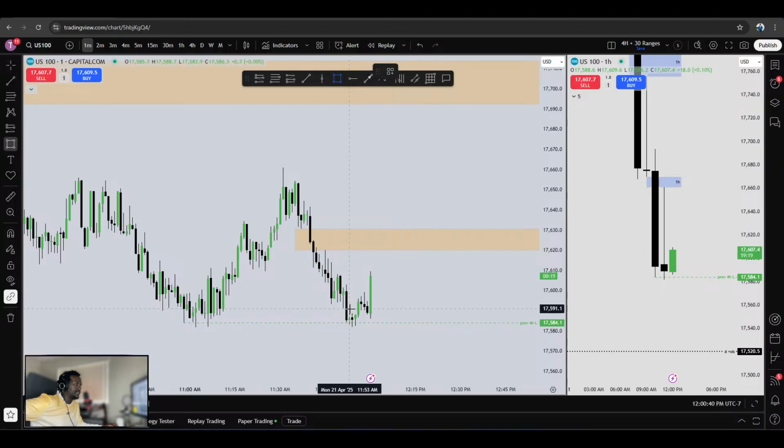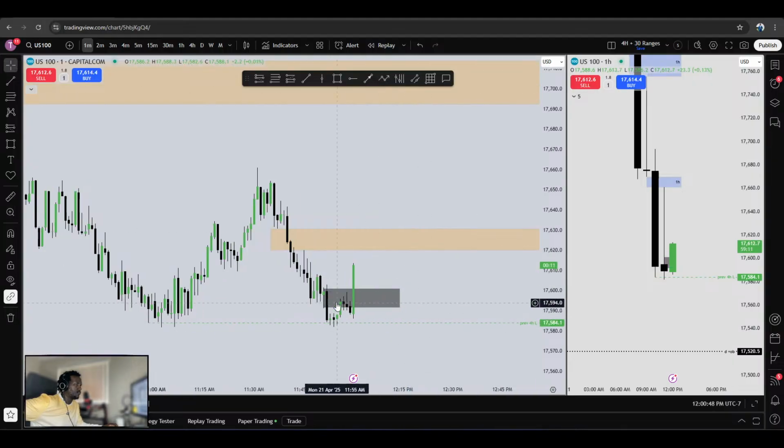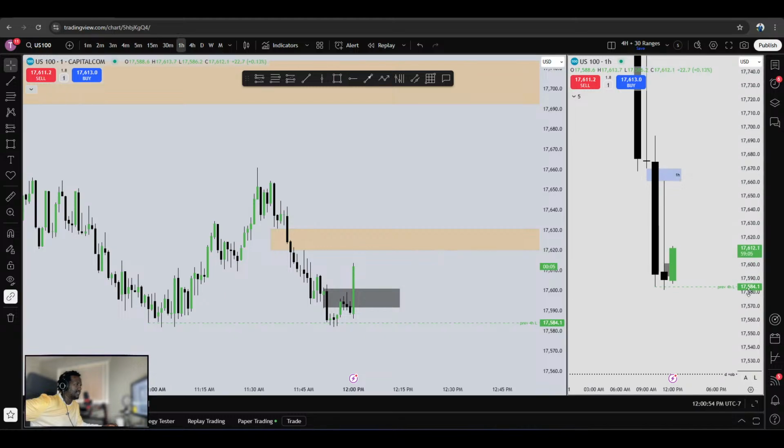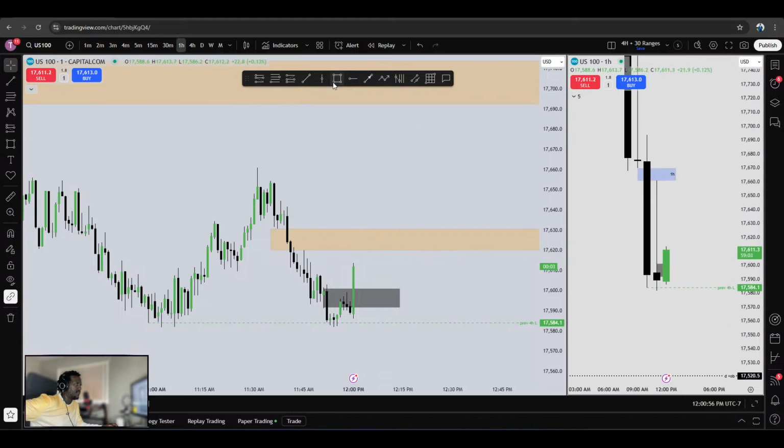Now looking at this, are we comfortable maybe using that as a bounce zone? Because we've taken out the previous 4-hour low, so do we need to take this previous 1 hour?